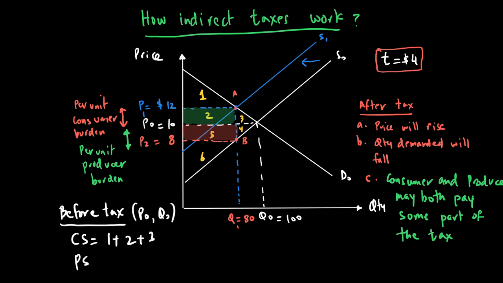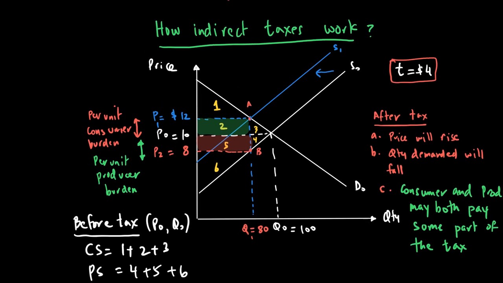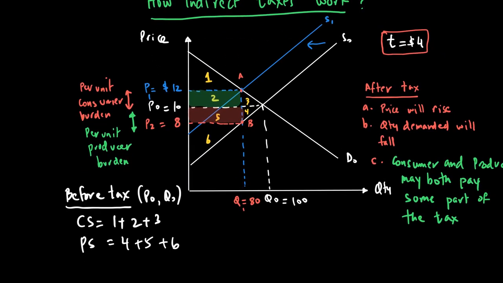While producer surplus, which is the area under the market price above the supply curve, is area 4 plus 5 plus 6.